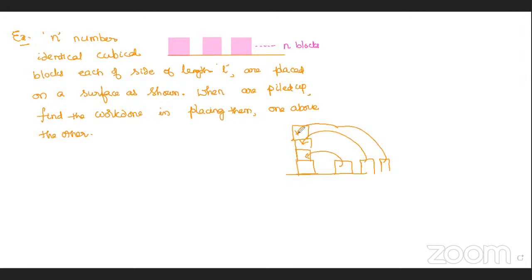If you place all the n blocks here, one above the other vertically, what is the total amount of work done? He is asking. First you understood this question? Later we will try to solve. First, you understood the question or not?